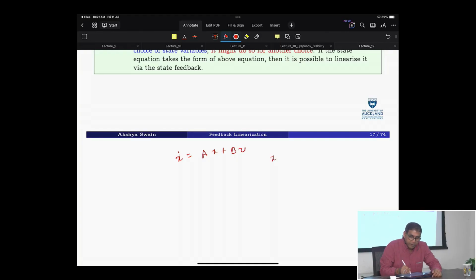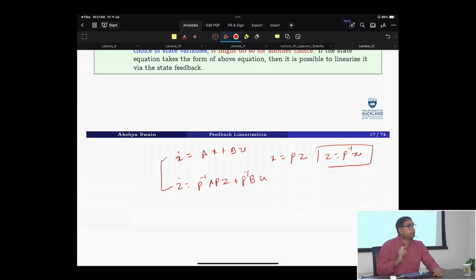You can define another variable, x equal to pz, or z equal to p inverse x. So this system will be z dot equals p inverse apz plus p inverse bu. The same system can be represented by this, where P is a constant full rank matrix.